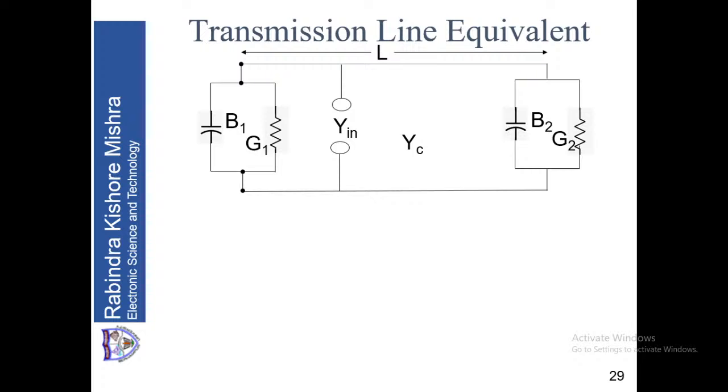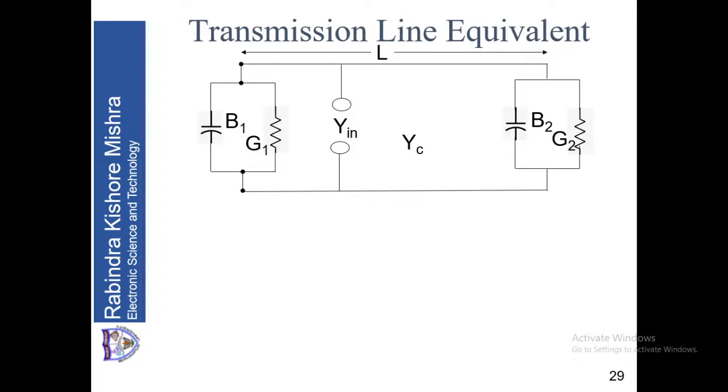Since there are two apertures, there is electric field, and so we have got admittance. Y1 is equal to G1 plus jB1, Y2 will be equal to G2 plus jB2. These are two admittances. Since there are two admittances, it is always easy to consider the admittance and find out the input admittance, because they are in parallel, so we can add them.